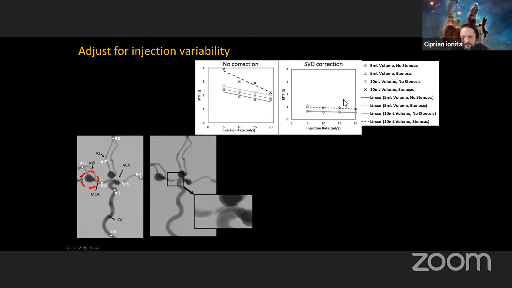And what I want to point out is that stenosis versus non-stenosis shows a big difference between them, and it's independent of the milliliters per second. In the same way, it's independent of the volume. The volumes are overlapped. Again, this is stenosis versus non-stenosis.